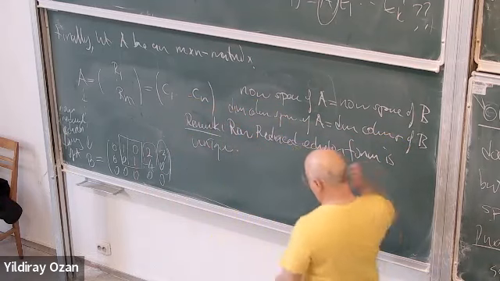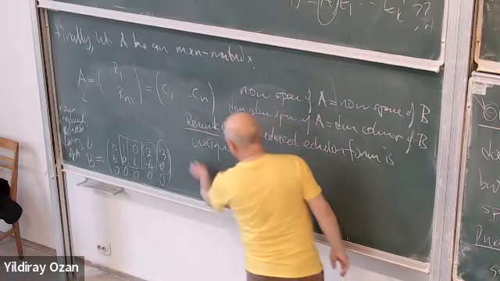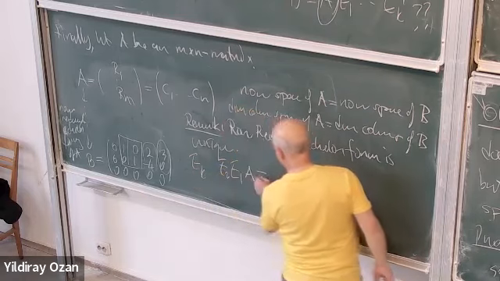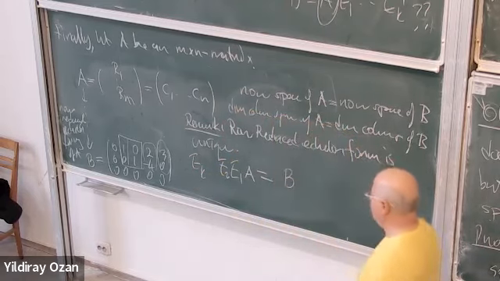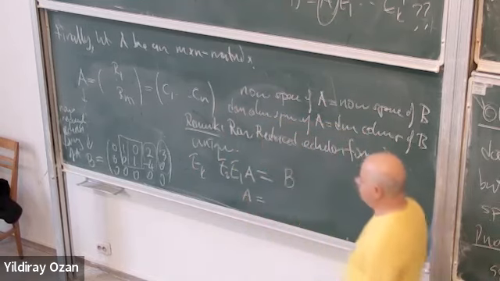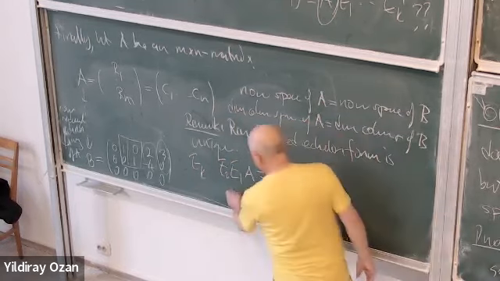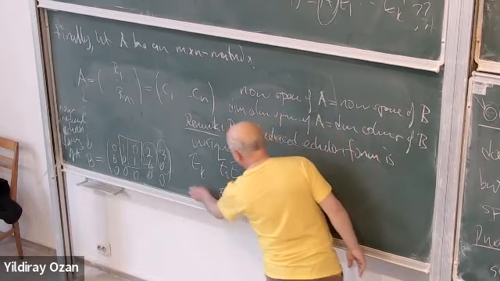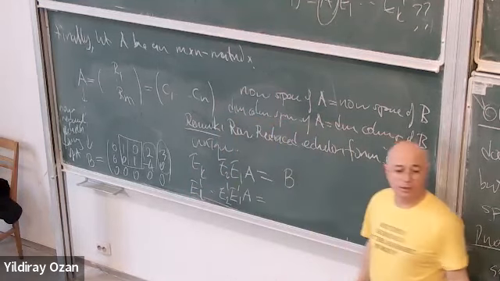Well, suppose you have this matrix A, and you apply elementary operations, and you obtain a row reduced echelon form, let's say B. You take the same matrix, you apply different elementary operations, E1 prime, E2 prime, and EL prime, not necessarily the same number.